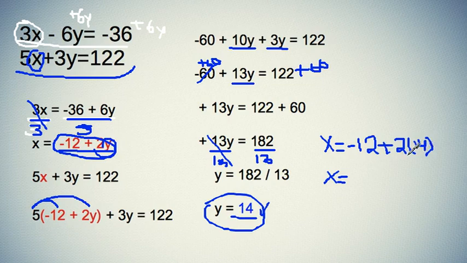This is going to give us 2 times 14, that will be 28. That's what you've got right there. And then this is negative 12. Now negative 12 plus 24, how much is that going to be? Well, that is going to be 16.